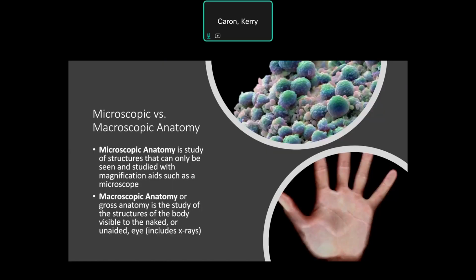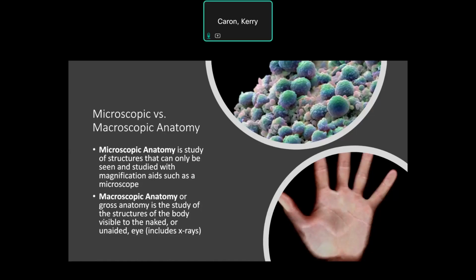There is microscopic anatomy and macroscopic. Micro meaning small, macro meaning large. So microscopic is basically anything that you can only see with magnification, such as a microscope. So think at the cellular level. So microscopic anatomy is our anatomy at the cellular level.